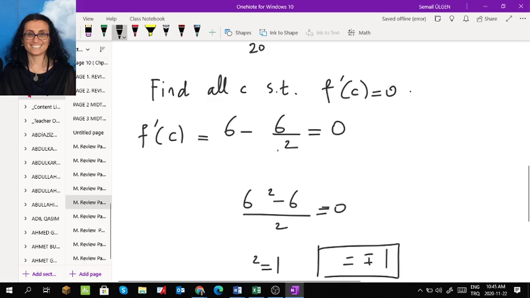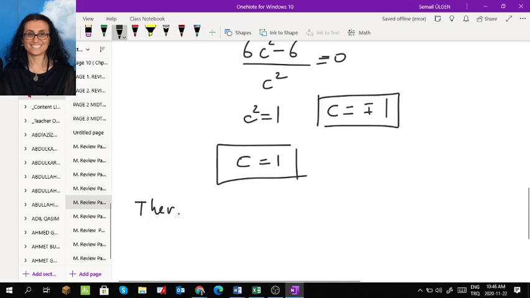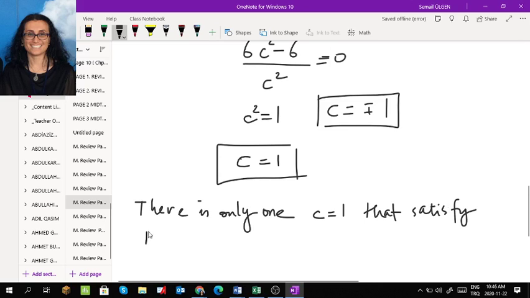This is c squared, and this is c. But if you consider the domain is positive, so c is equal to 1. So we found all of them: there's only one single c, which is equal to 1, that satisfies the mean value theorem.